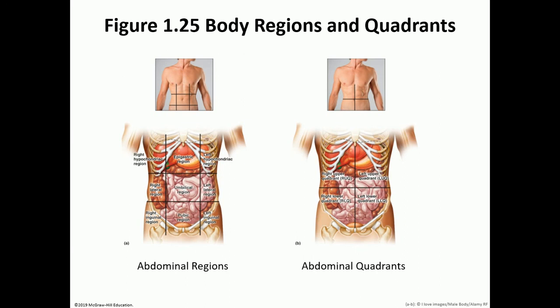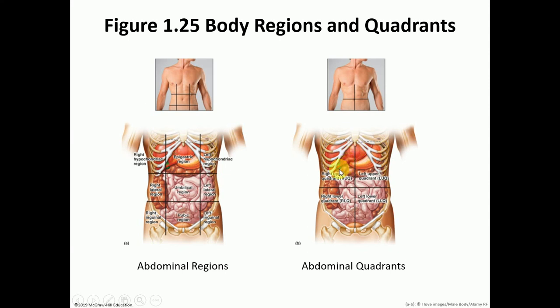So you would write down that there is pain in the right upper quadrant area. That means you narrowed down a little bit where the pain might be coming from. It could be coming from the liver, could be coming from the gallbladder. So we use these quadrants to pinpoint, make it easier for us to figure out what might be going on with these patients.